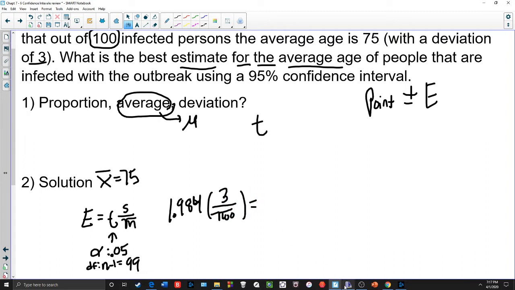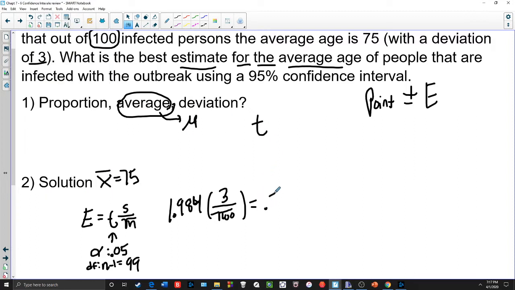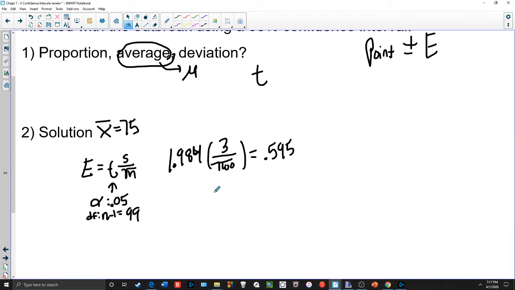So you multiply it out. 1.984 times 3 over root 100. And we get 0.595. So we have our average is 75 years plus or minus 0.595.